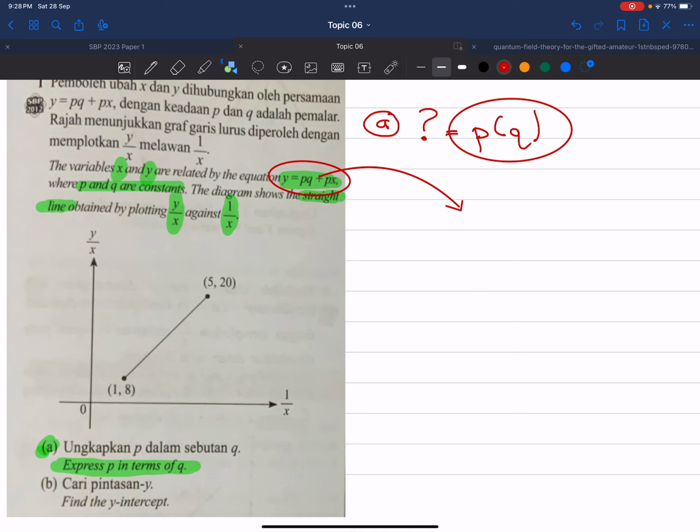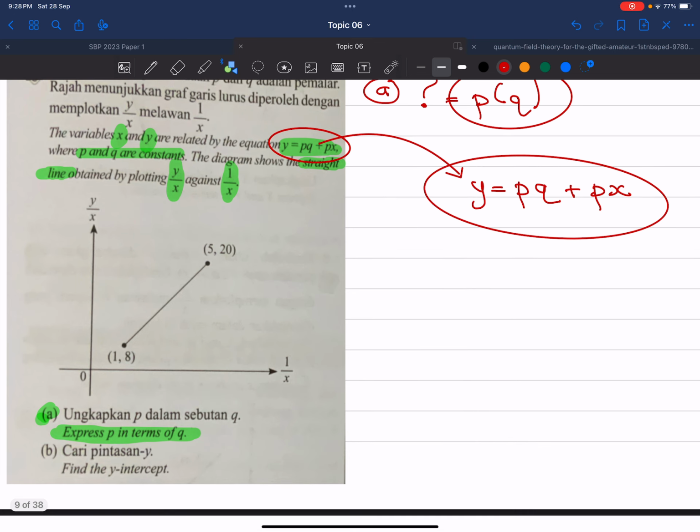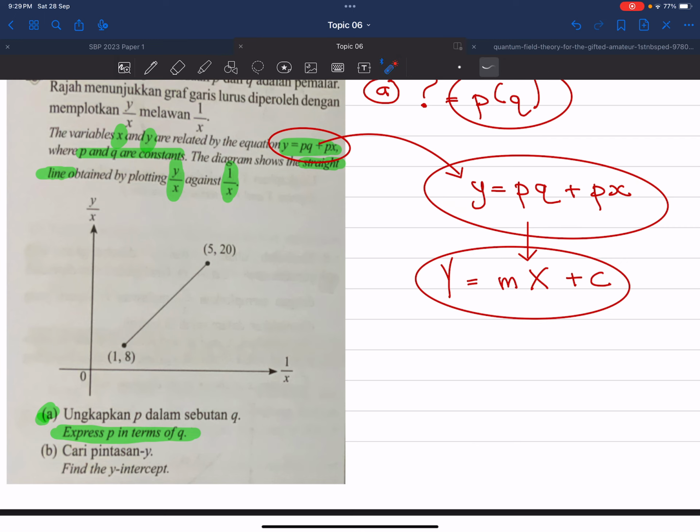This equation, y equals pq plus px, the given equation, we must change it to a linear equation of capital Y equals M capital X plus C, because we were given the linear graph.